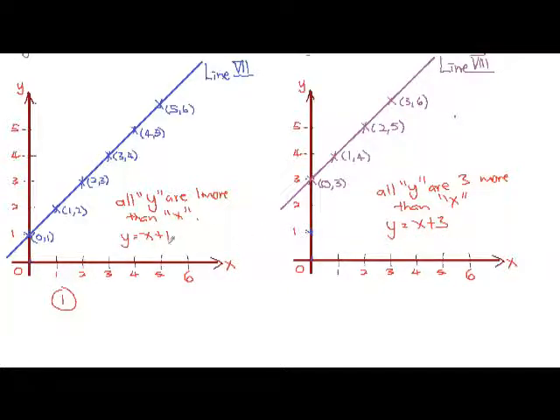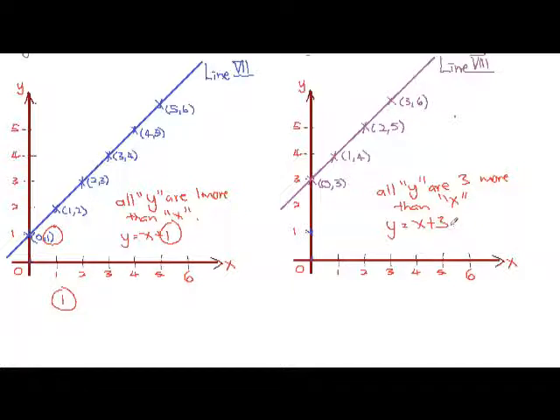And let's look at the number term for line 7. The value is 1, and it is equal to the y value of the intercept of line 7 and the y-axis.